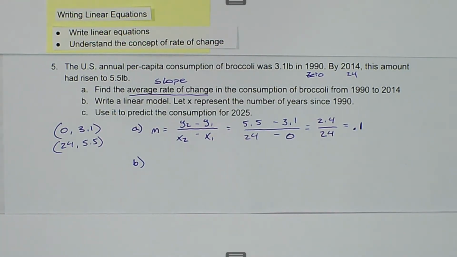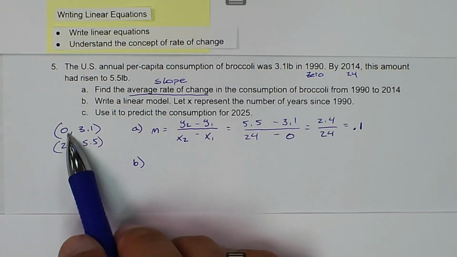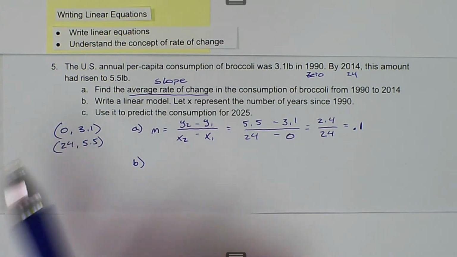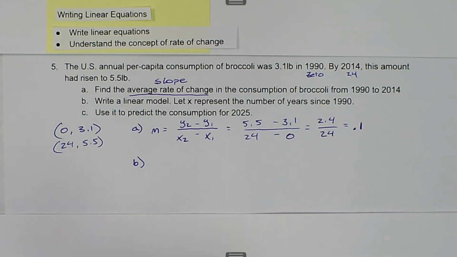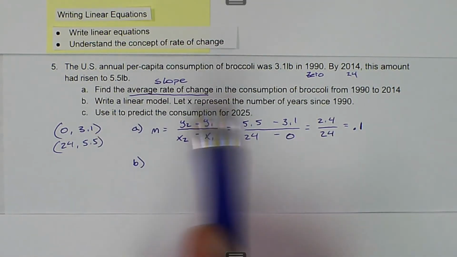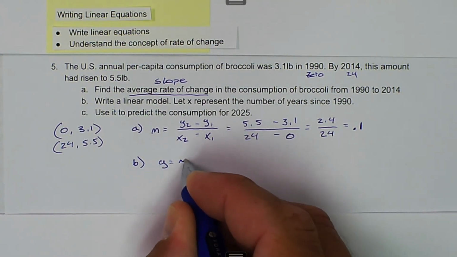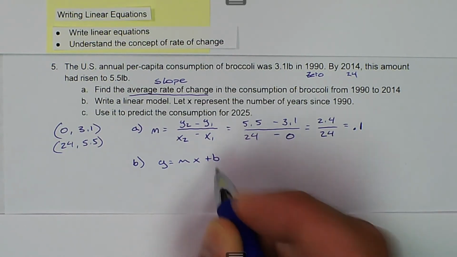Write the linear model. Let x represent the number of years since 1990. Well, that's nice because we already set the 1990 equal to the starting point, which would be 0. And so we already have our y-intercept, 0, comma, b. So if we're trying to write the linear form, we have y equals mx plus b.